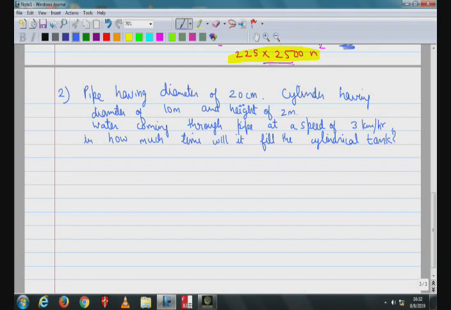No, 15 hour is not the correct answer. There is no exact formula. The formula is the volume of the cylinder, because the pipe is also a cylinder and the tank is also a cylinder. The volume of a cylinder is pi r square h. You can use this formula. Sisipur, this is not the right answer.